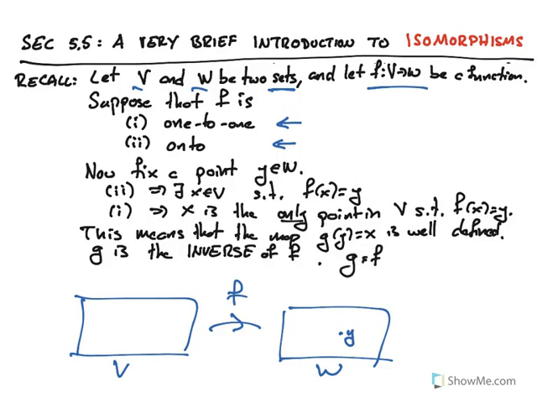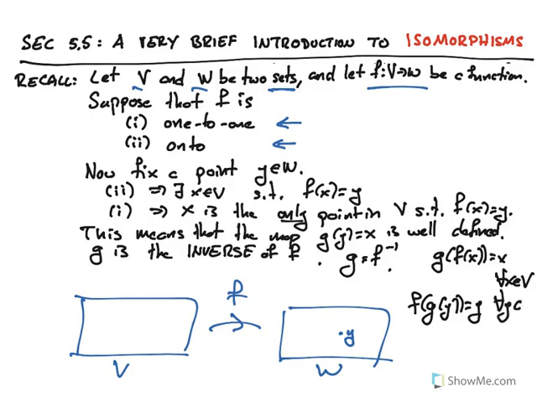We often write it like so. And what this means is that g of f of x is equal to x for all x in V, and f of g of y is equal to y for all y in W.